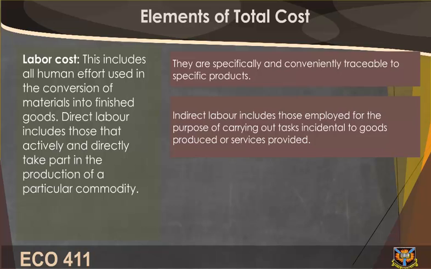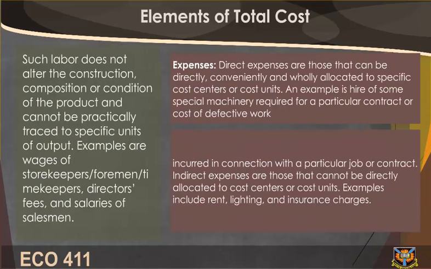Indirect labor includes those employed for the purpose of carrying out tasks incidental to goods produced or services provided. Such labor does not alter the construction, composition, or condition of the product and cannot be practically traced to specific units of output. Examples are wages of storekeepers, foremen, timekeepers, directors' fees, salaries of salesmen.